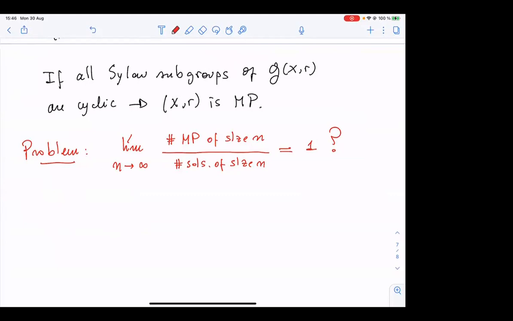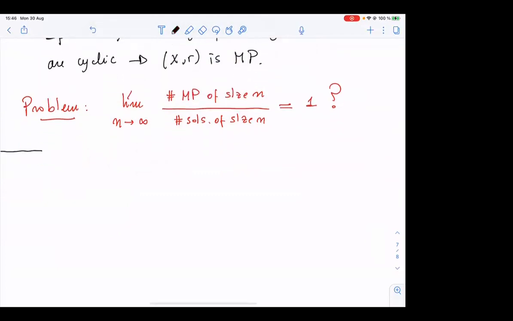Okay, let me mention a different kind of thing that one can do, again studying solutions, but now solutions that are indecomposable.